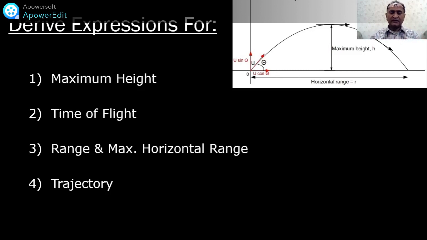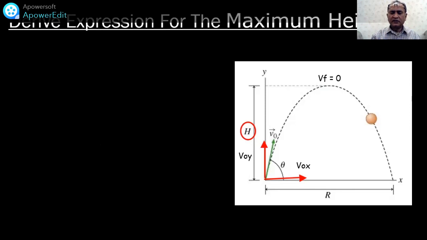Okay, so let's start with the maximum height. If the question is written there, derive an expression for the maximum height of a projectile, then we will do this. Again we start with the diagram. Then we write: consider a body which is thrown into the air with a certain velocity v naught at an angle theta with the x-axis.